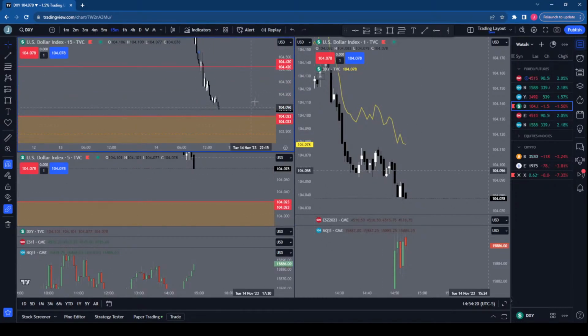Dollar very close to its objective, that sell side.